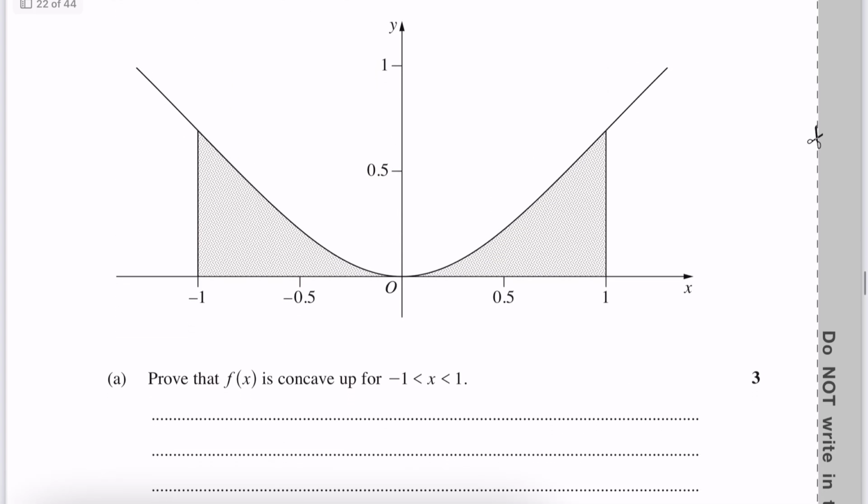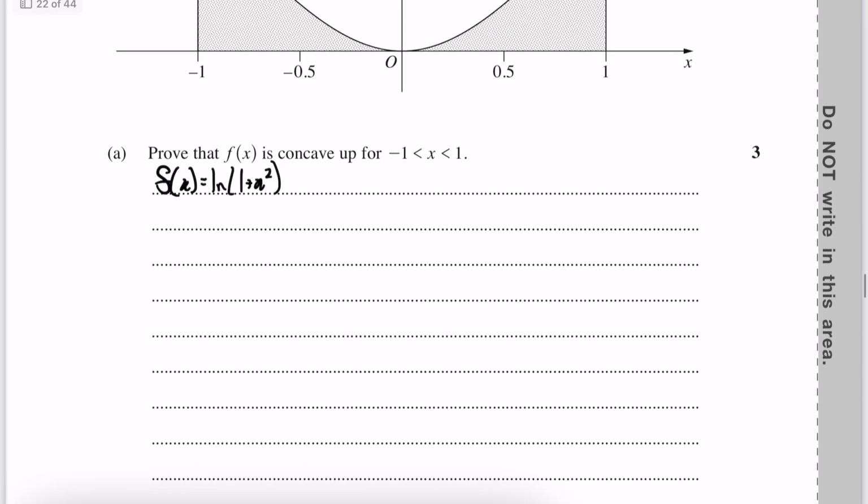So we have f of x equals the natural log of 1 plus x squared. We should know our derivative rules. So if we derive this, we get 2x over 1 plus x squared. Now we need to use VUV to figure out the second derivative.